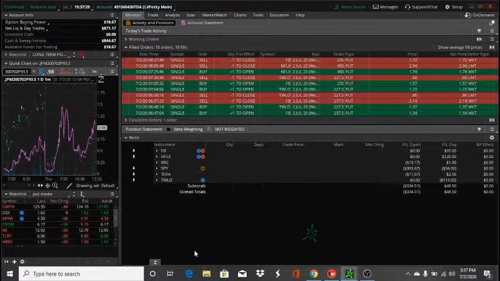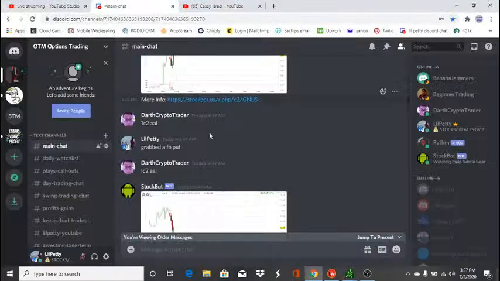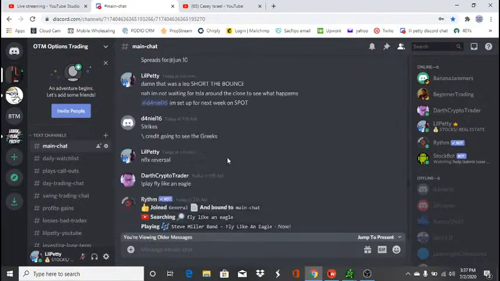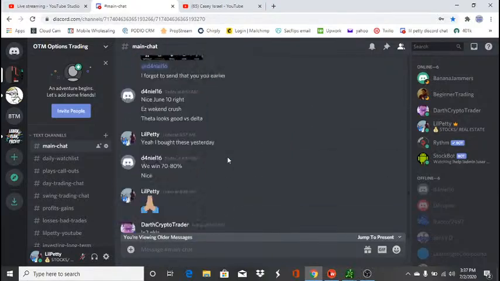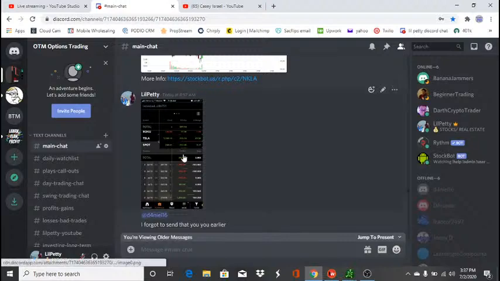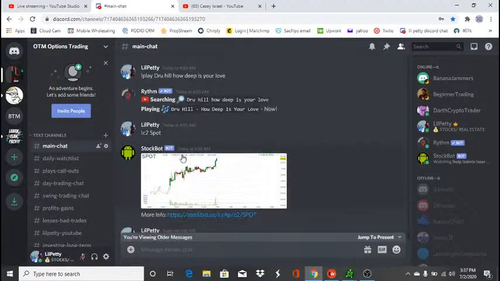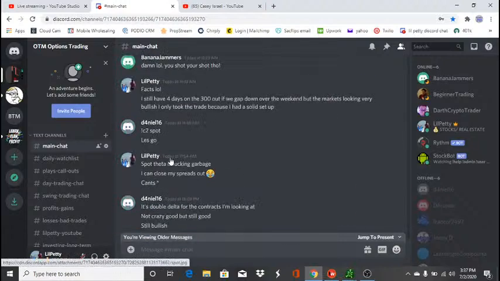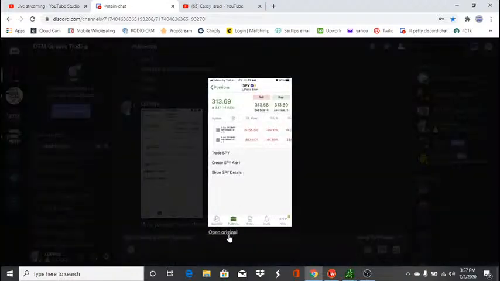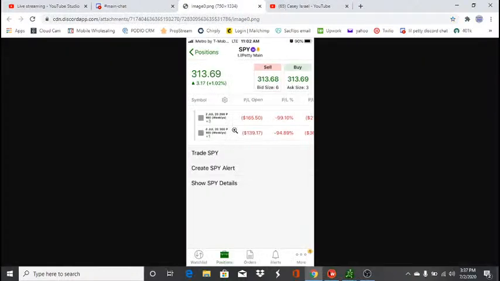Now this SPY right here, that's what I was telling you guys. This is why you don't short the market. I need to put that in the loss column right here. This is why you don't buy puts. Puts are no good. You sell puts.